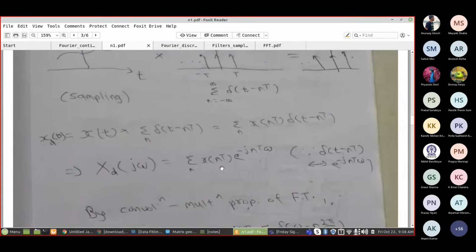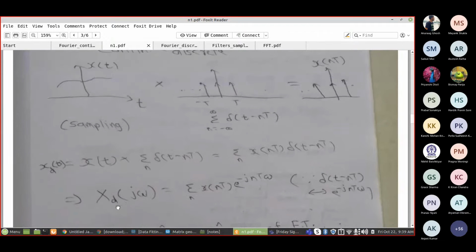I hope this is fine. This definition comes very naturally once you understand the continuous time Fourier transform. So that is one way to write down the discrete time Fourier transform of this sampled signal.